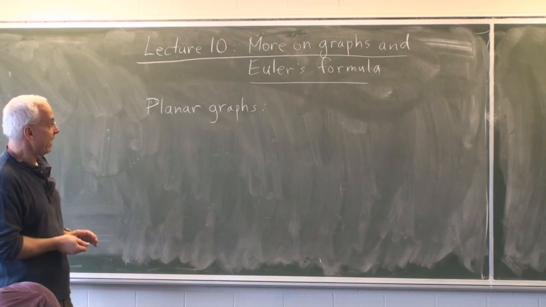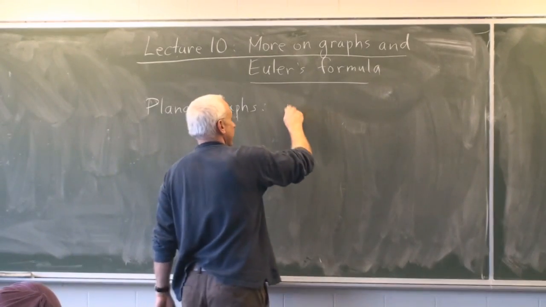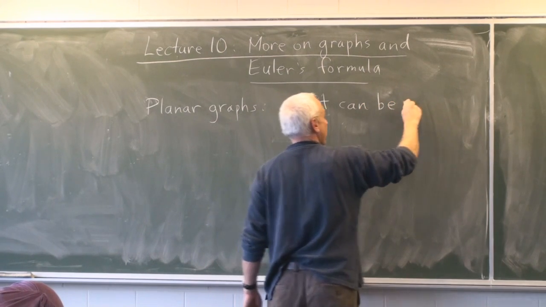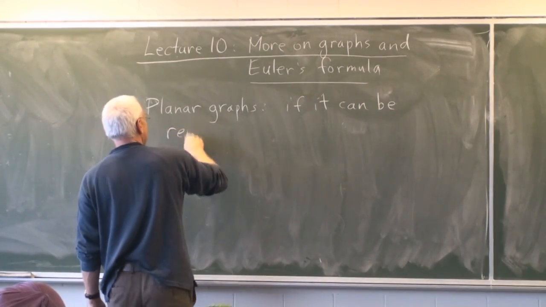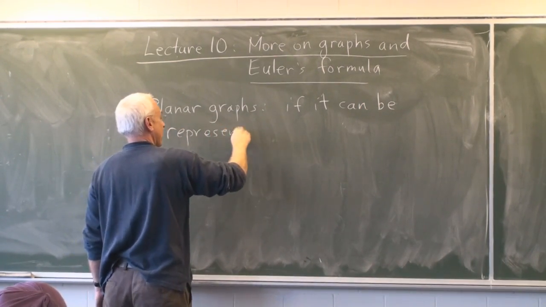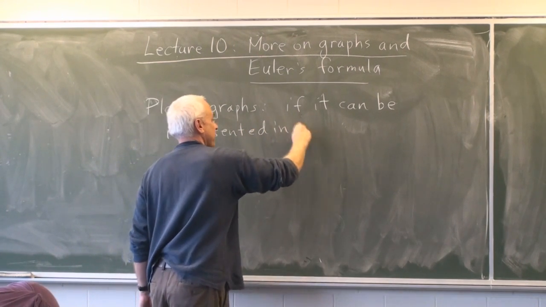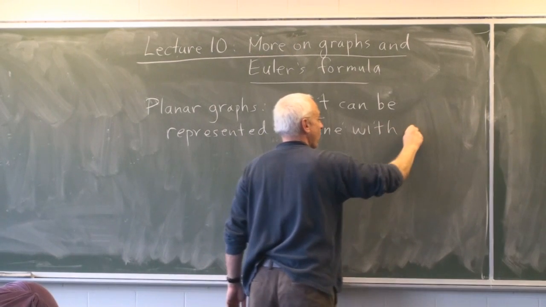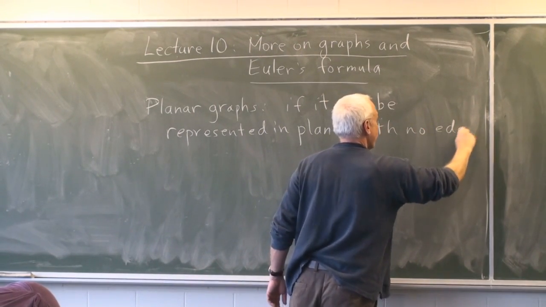So a graph is planar if it can be represented in the plane with no edges crossing.